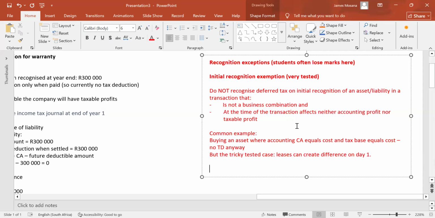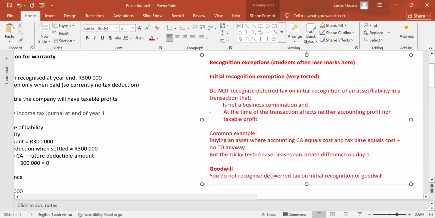Now, another important one where we are not going to recognize deferred tax is goodwill, right? So you do not recognize deferred tax on initial recognition of goodwill.